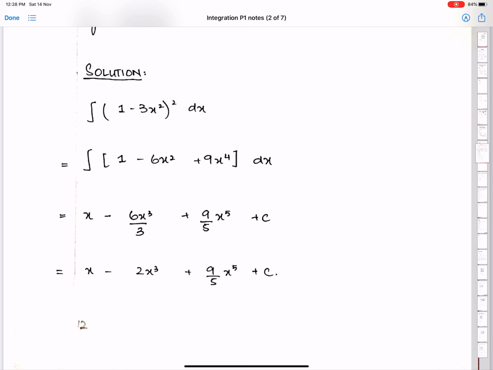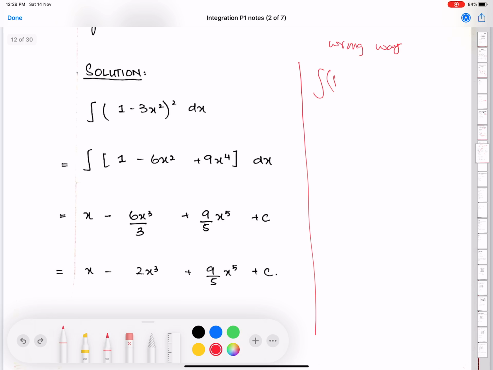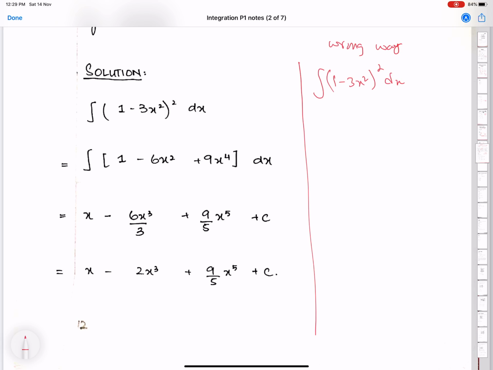Let me tell you why we can't use the rule of composite linear function on this question. This is the wrong way. 1 minus 3x square whole power 2 is a non-linear function. So if we use the rule of integration of linear composite function over here, we will get minus 6x here.